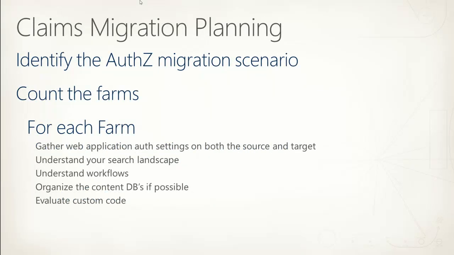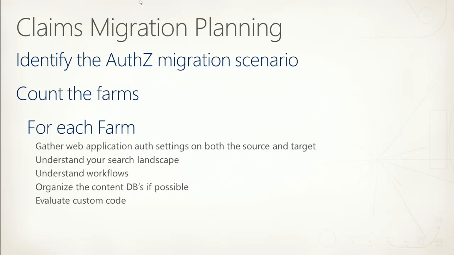But there are some considerations when you are migrating that you have to think about. When you are planning for migration, you've got to identify the migration scenario, and I'm going to take you through a roadmap in a sec. You're going to count the number of farms because that's important, especially if you're doing SAML claims. With SAML claims, there's a thing called claims encoding underneath the covers. We'll talk a little bit more about what that is, but it basically is we have two farms.